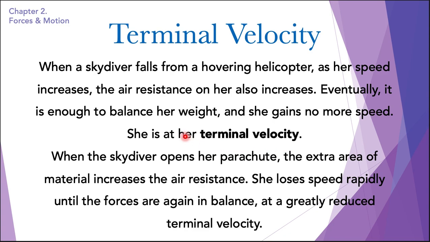So basically, her weight and the air resistance cancel each other out when they become equal to each other, and she gains no more speed. But when the skydiver opens her parachute, the extra area of the material increases the air resistance and she loses speed rapidly until the forces are again in balance at a greatly reduced terminal velocity.